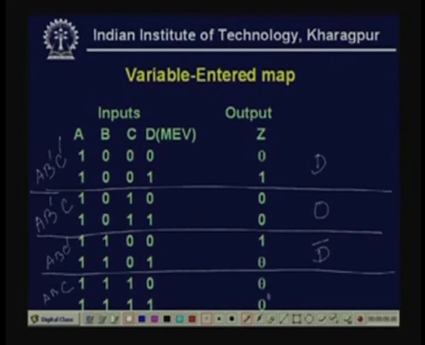Here I have written theta, meaning this is actually a do not care. Here also I have taken theta, theta meaning this term will not appear, so whatever be the case, it will not matter.